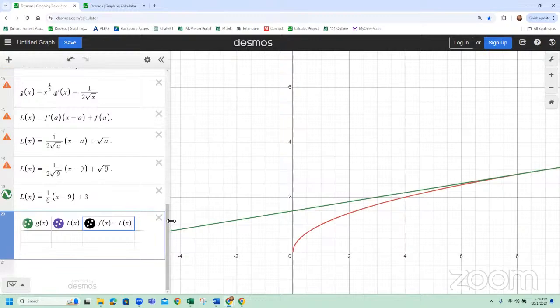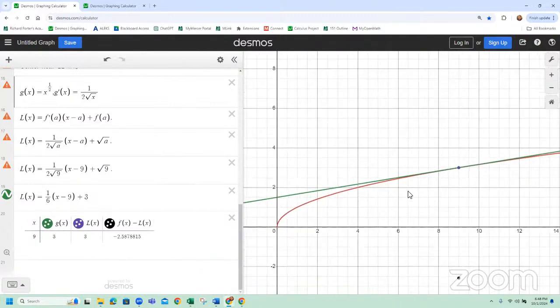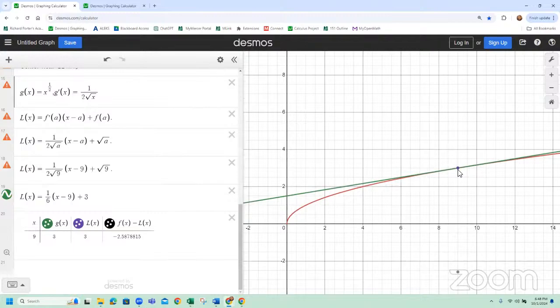Let's take a look. If I plug in 9, let's look at the graph. The square root of 9 is 3, and the local linear approximation at 9 is also 3.